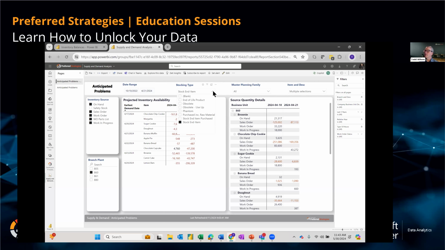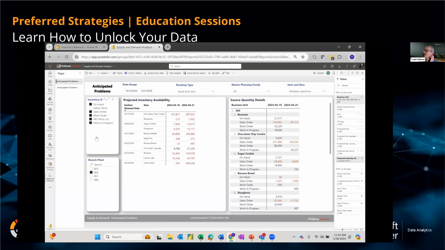As a supply planner, maybe there's a certain number of items I'm responsible for, and being able to filter on that lets me see what's driving any kind of future availability issues and do so in advance. Now, as we look at the left-hand side here, we've got additional filtering capability.